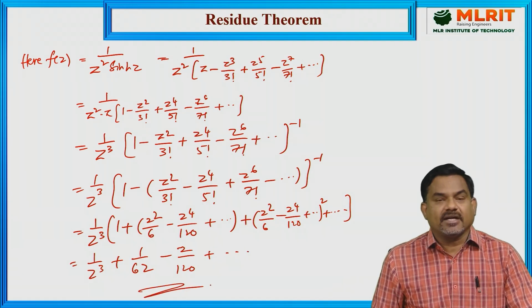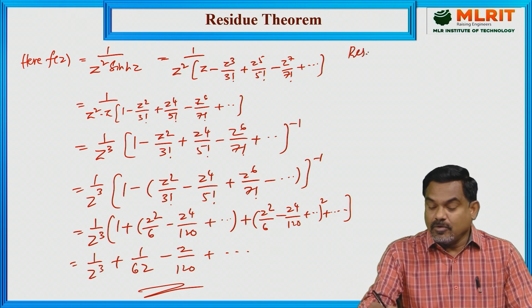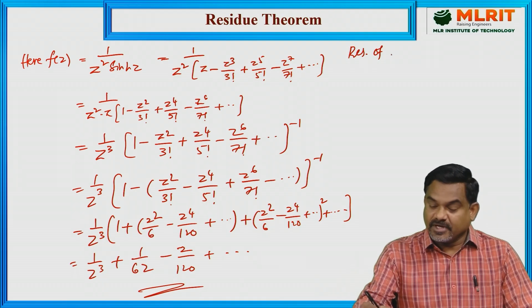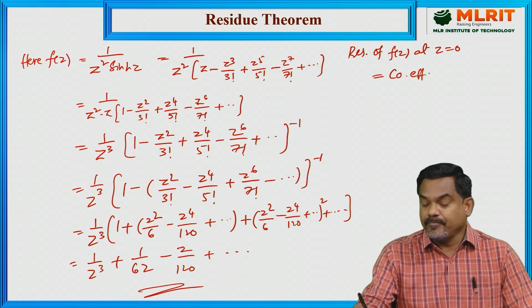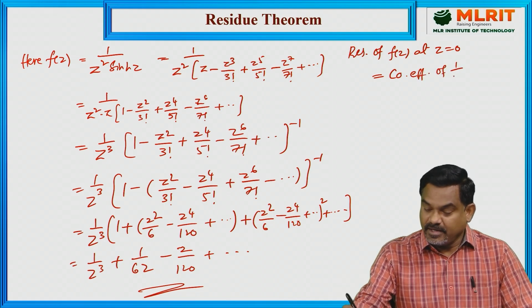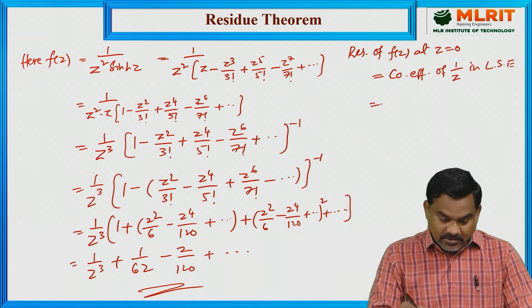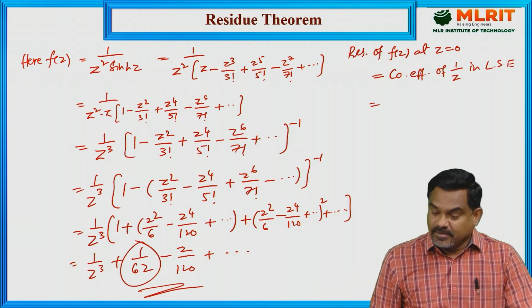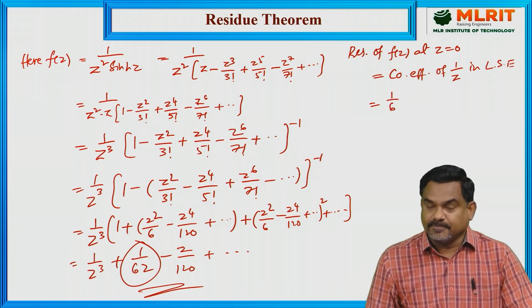This is the Laurent series expansion of the given function. What is the pole here? z equal to 0. The residue of f of z at z equal to 0 is the coefficient of 1 by z in the Laurent series expansion. Here the coefficient of 1 by z has magnitude 1 by 6, so the residue is taken as 1 by 6.